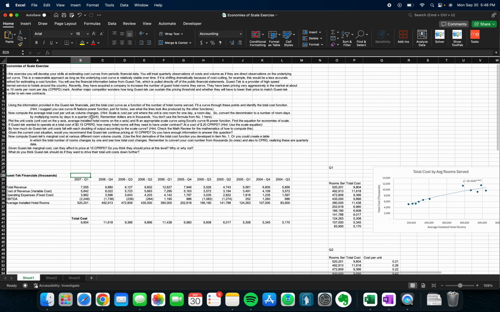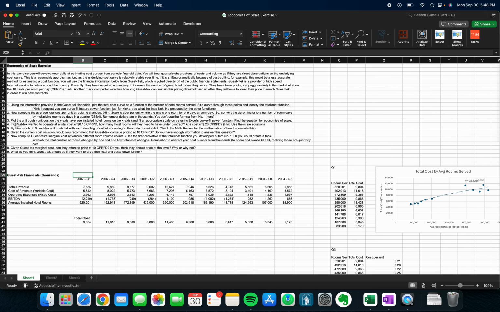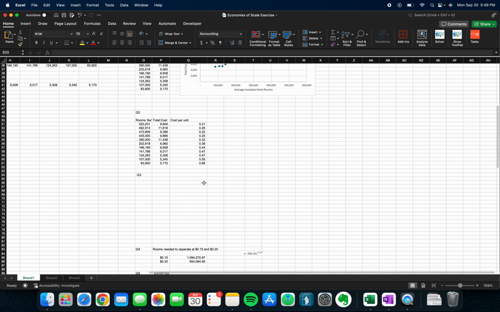Question 4 says if Guest Tech wanted to operate at a total cost of 15 cents per room per day, how many hotel rooms will they need to have in a contract? And the same thing with 20 cents.